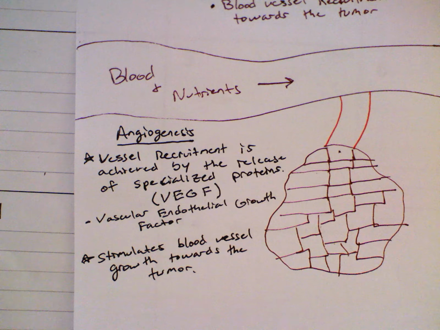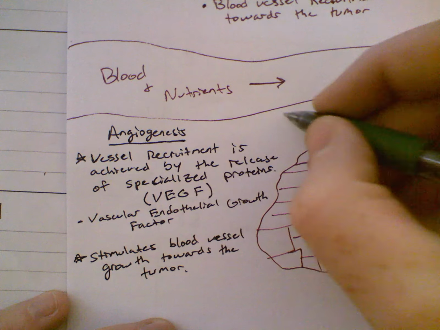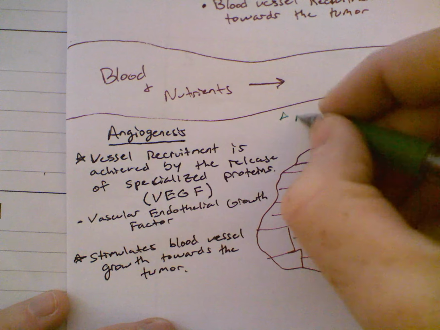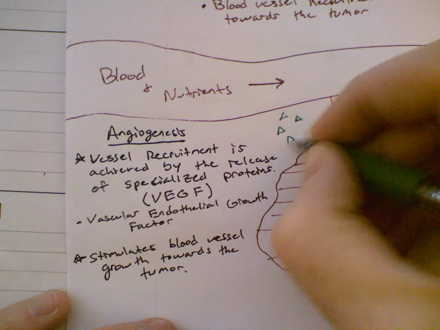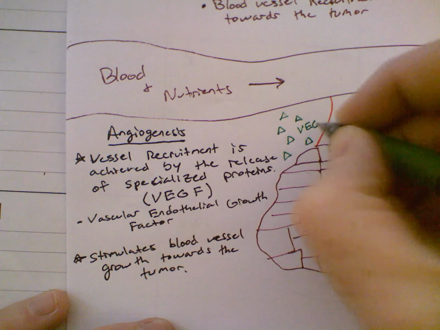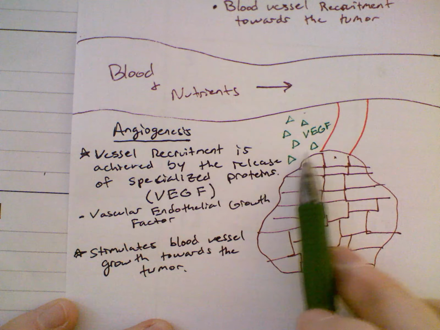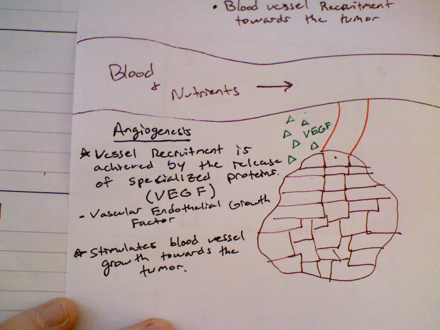They are going to start releasing this VEGF, which I'm going to show as being little triangles, because why not? So we have all of these VEGF triangles being released. And these proteins are going to stimulate blood vessel growth in the direction that these VEGF proteins were released.